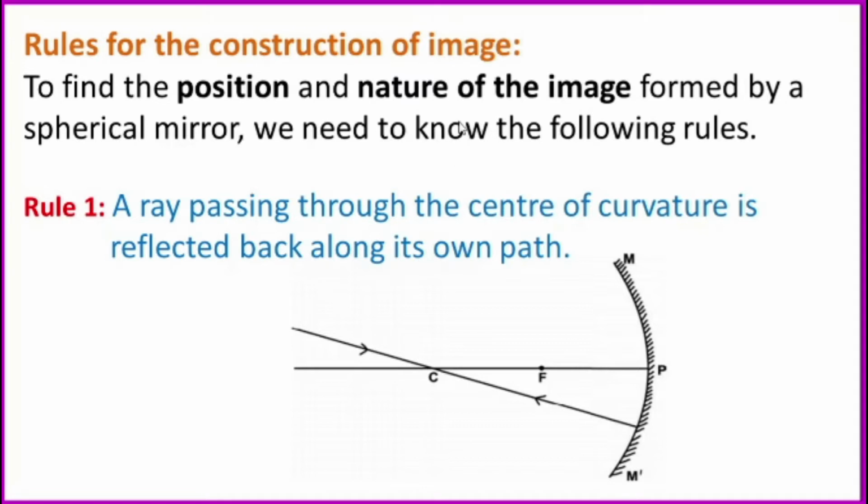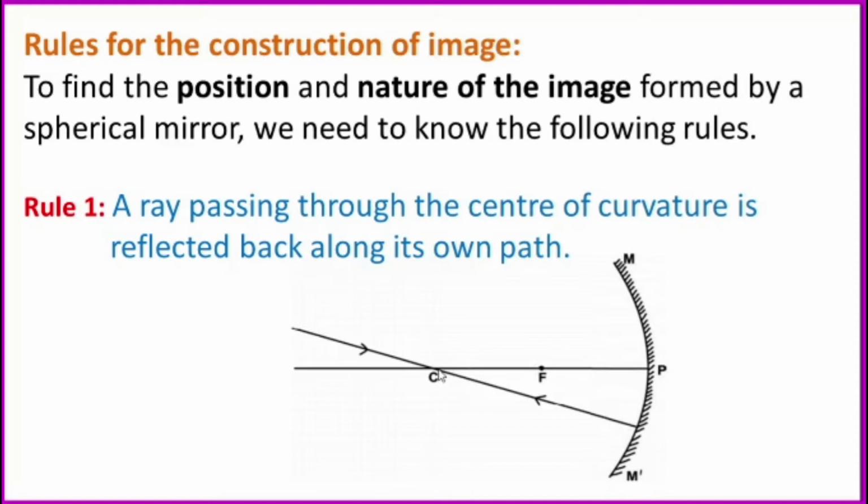You see the diagram. First, center of curvature. It is the center of the sphere from which the mirror is made. It is denoted by the letter C. C means center of curvature. Second, pole P. It is the geometric center of the spherical mirror. It is denoted by the letter P. So this point is pole P. Then the distance between C and P, that is, center of curvature to pole, is given by R. R is the radius of curvature.